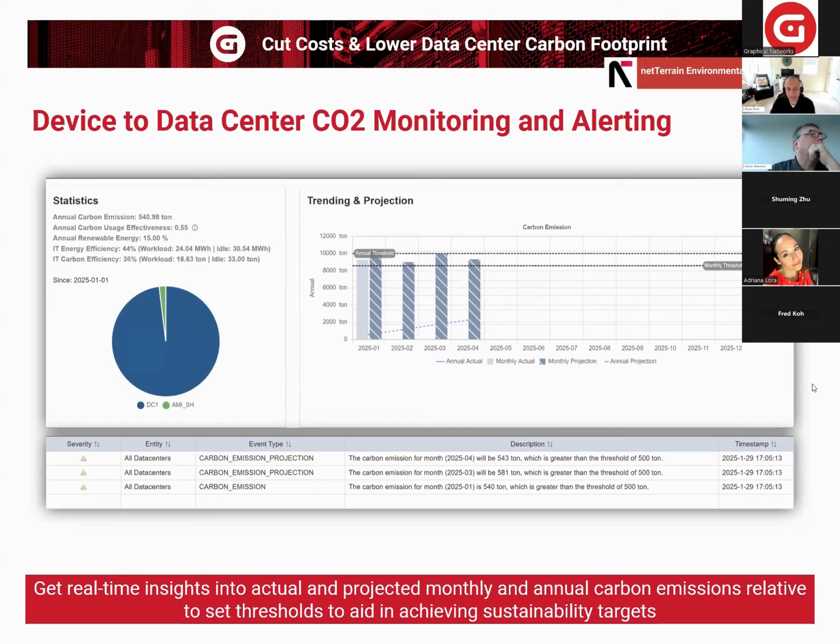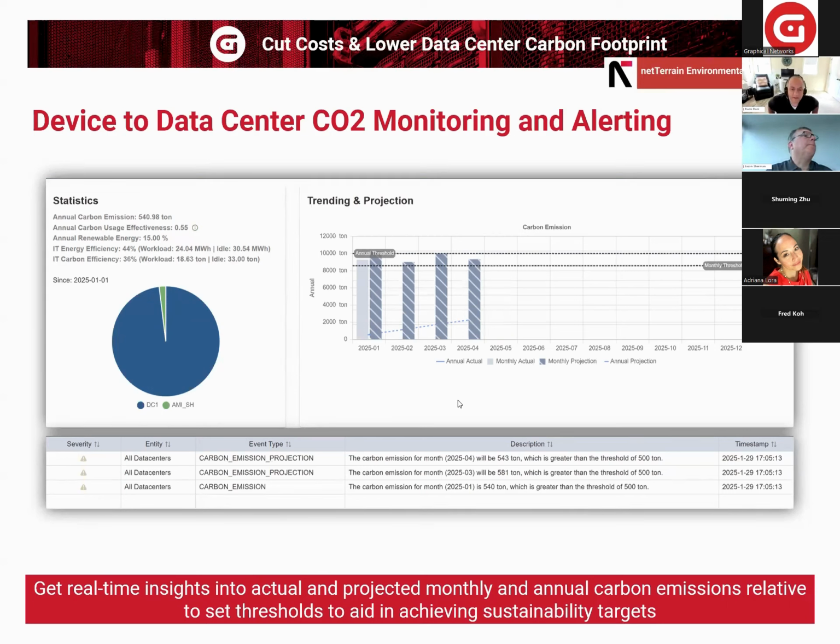And then that translates into things like reducing your cooling costs or reducing your specific energy consumption per device by applying power policies and so on.